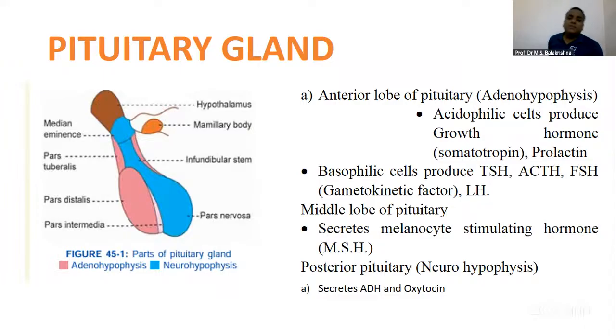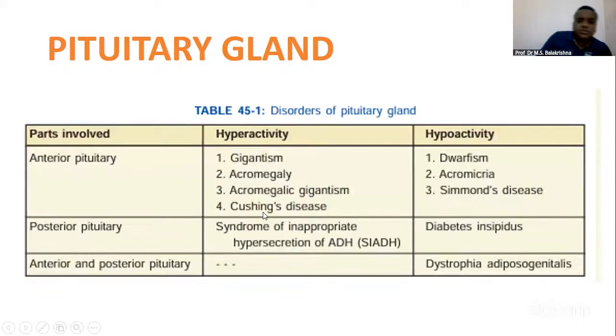Basophilic cells make thyroid stimulating hormone, adrenocorticotropic hormone, FSH, and LH, luteinizing hormone and follicle stimulating hormone. These are the hormones manufactured in the anterior lobe of the pituitary. And from the posterior lobe, you have ADH and oxytocin. So you should know which lobe manufactures what.